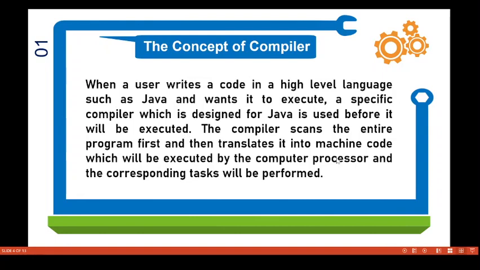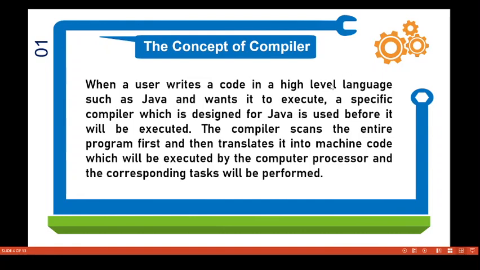So the compiler scans the entire program first and then translates it into machine code, which will be executed by the computer processor, and the corresponding task will be performed. So a compiler is nothing but a system software that helps high-level programming languages such as Java and other programming languages like Python, C++, Fortran, COBOL, BASIC, C#, Perl, and so on.